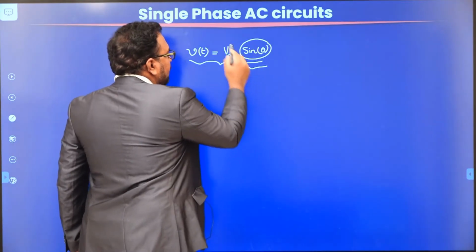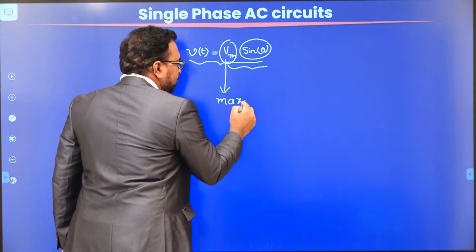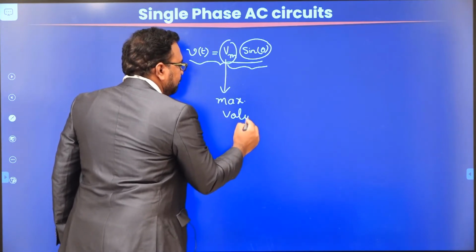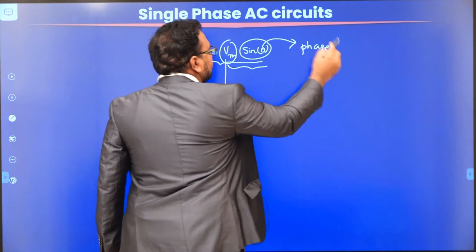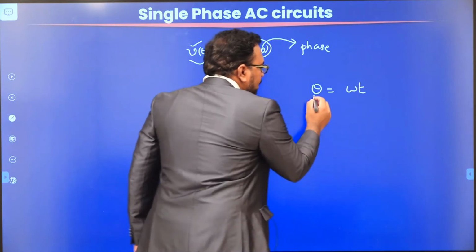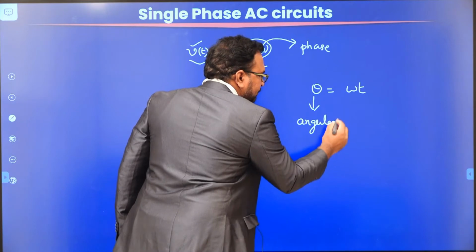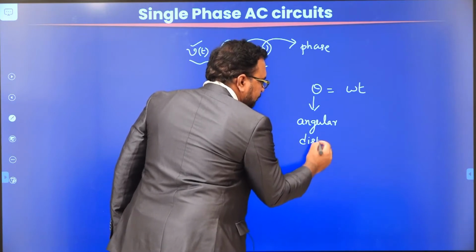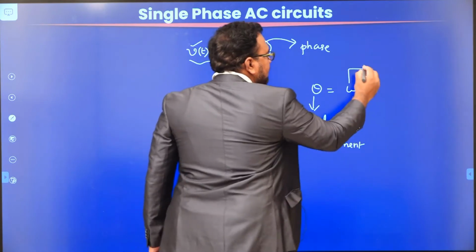In this expression, Vm is called the maximum value, and theta is called the phase. This theta value is related to time as omega into t, where theta is called the angular displacement and omega is called the angular velocity.